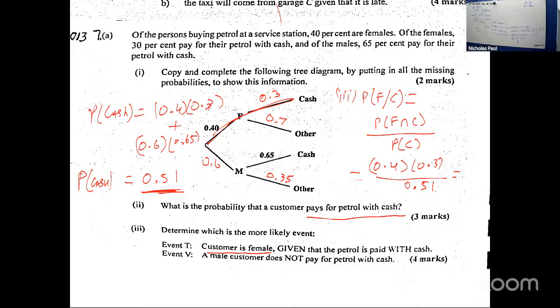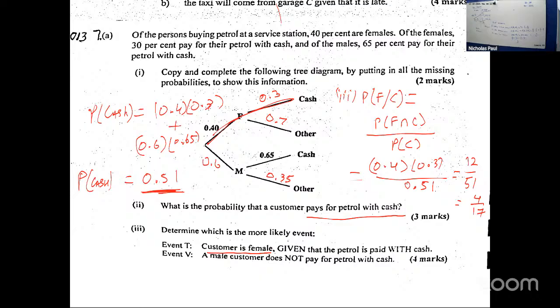Yeah. And you can simplify a little bit? Over 17, yeah. That is event A.